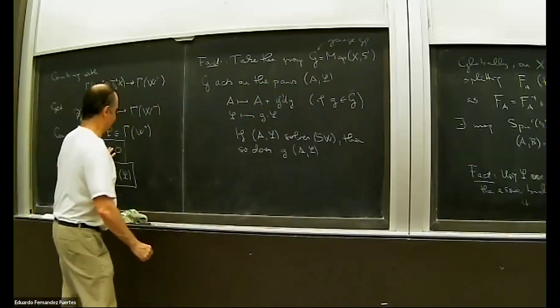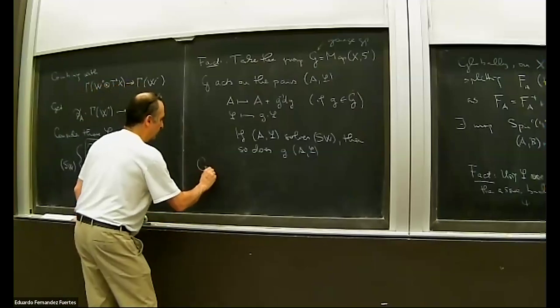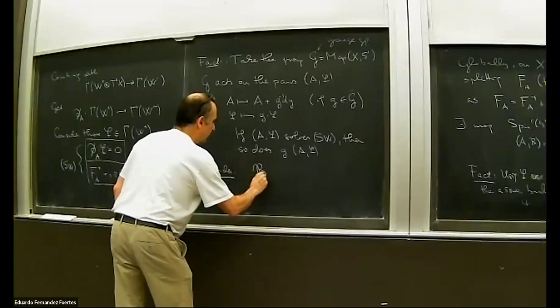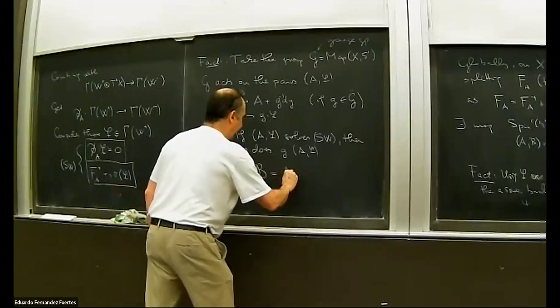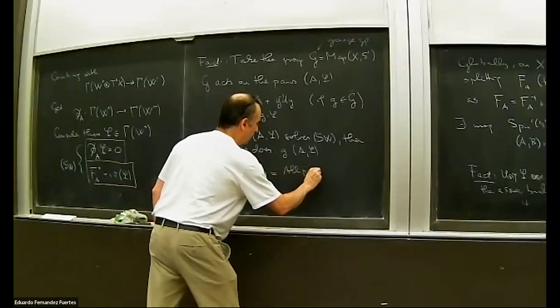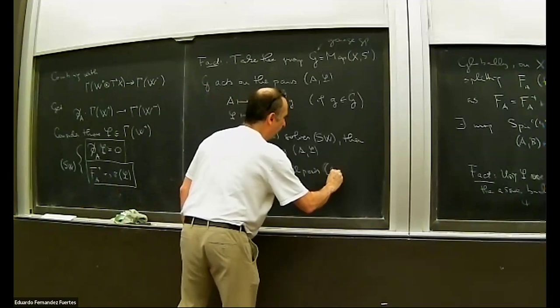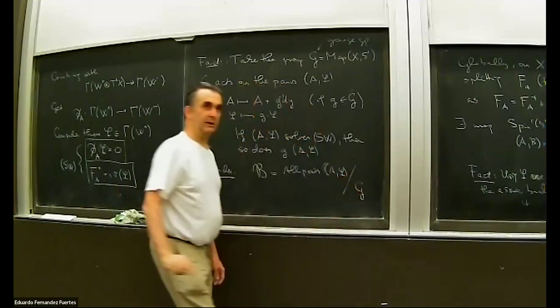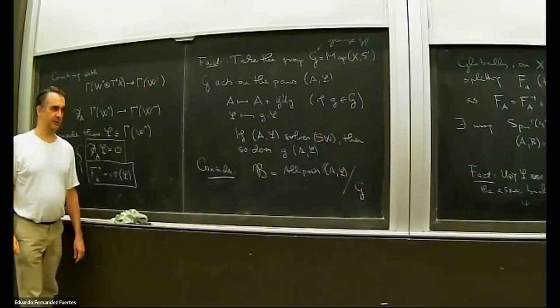So instead of taking solutions, consider two spaces. B should be all pairs (A, phi) divided by the action of this group.